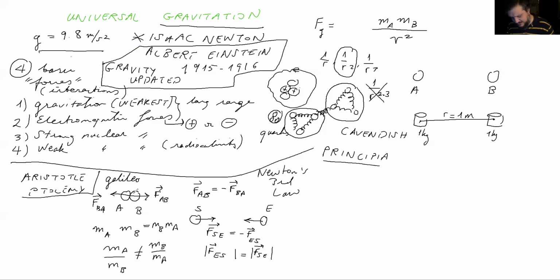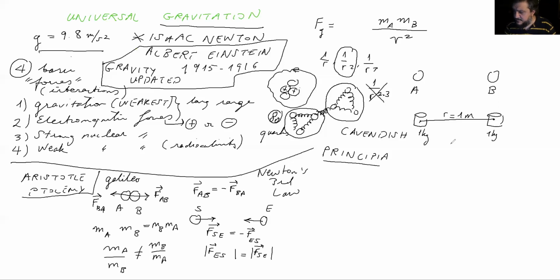In practical calculations for planets and all that, it doesn't hurt if you consider those particles to be point particles, because the Earth-Sun distance is 149 million kilometers. So Earth's radius is really small compared to that.